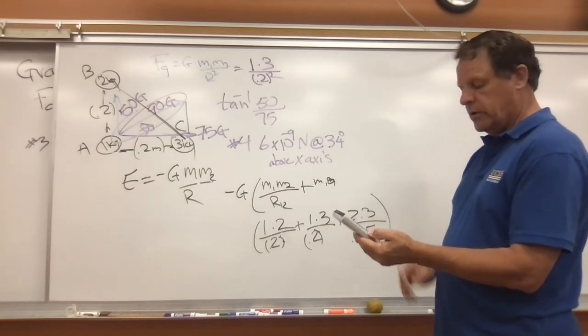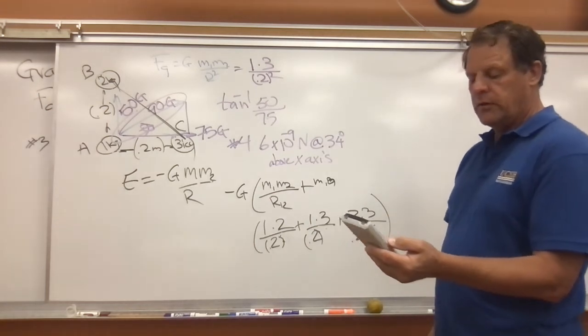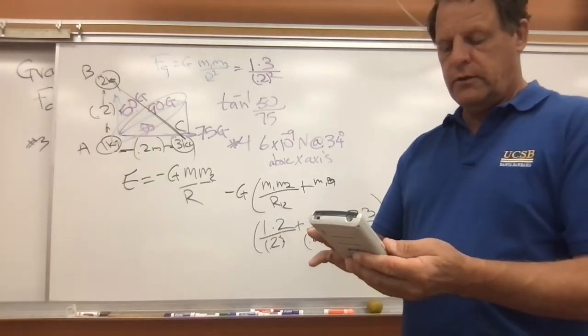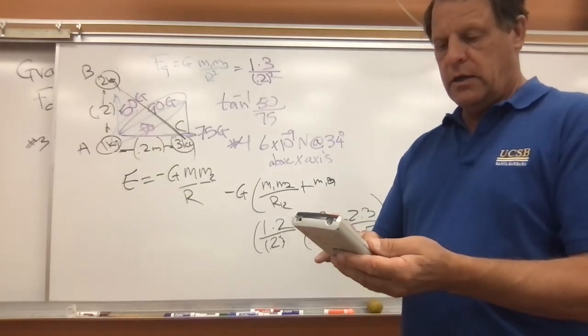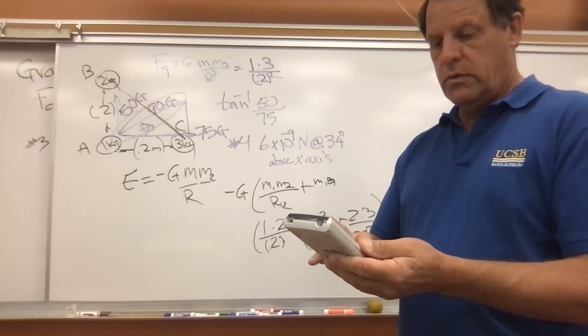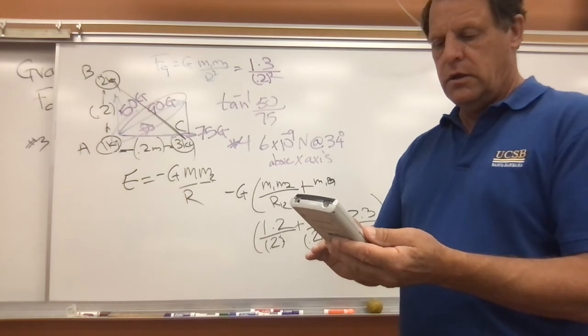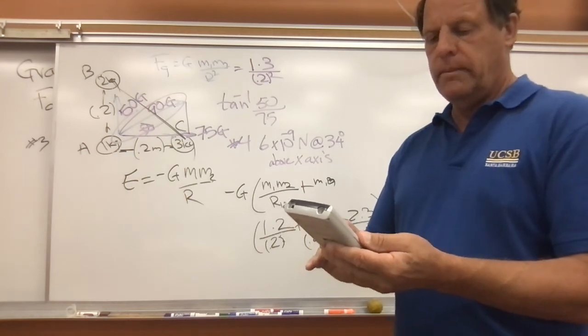And that is going to be 27.12. And I just want to double check that 6 divided by 2 radical, that would be 2.28. Yep, okay.